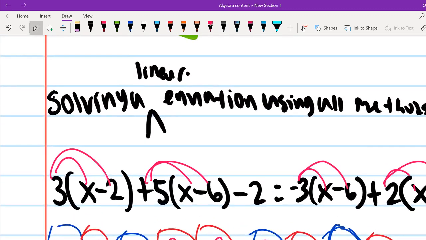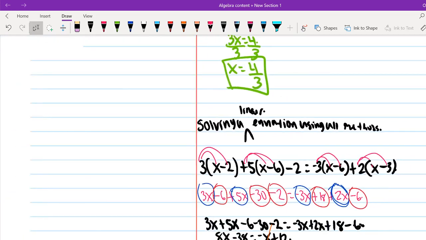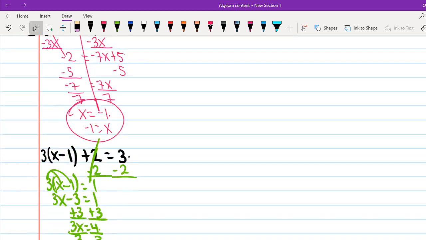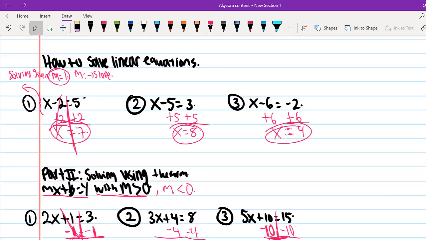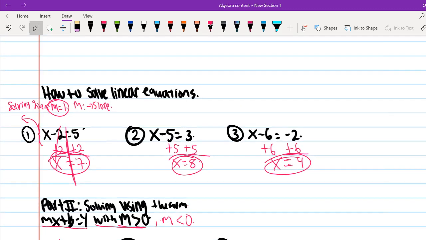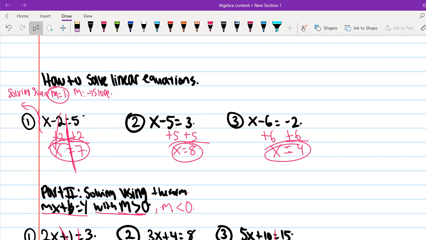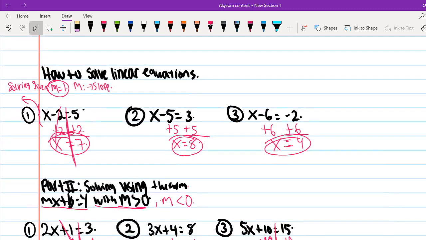But I think that's basically all I wanted to cover, linear equations on each side.